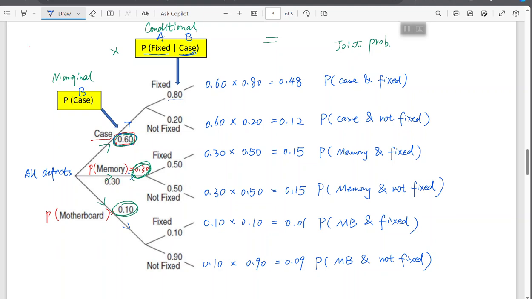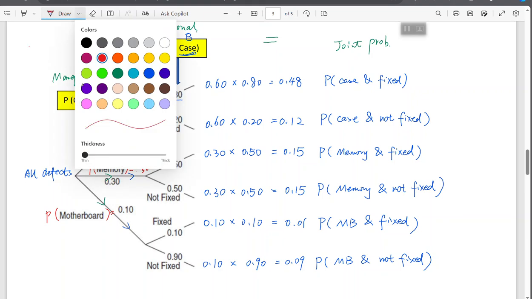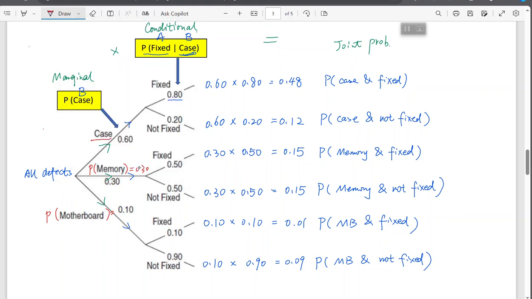All right, so we call this a probability tree. A probability tree contains 3 levels of probabilities. We start with marginal probabilities, and then based on different cases, we find their corresponding conditional probabilities.